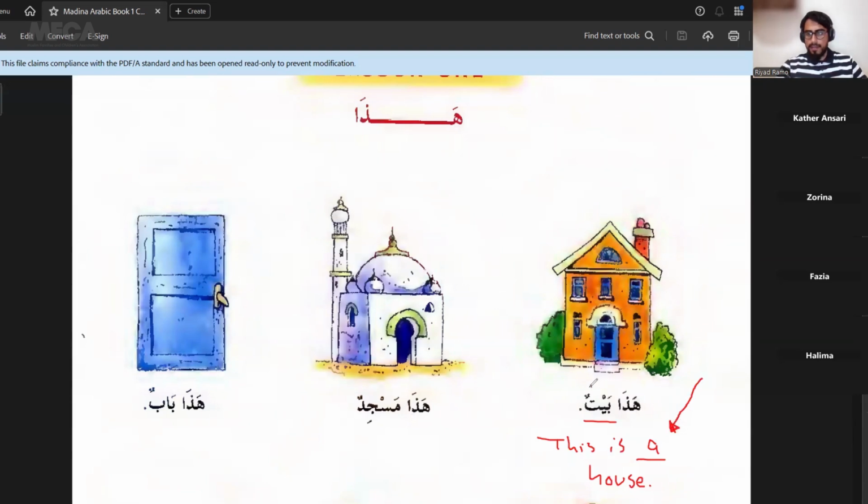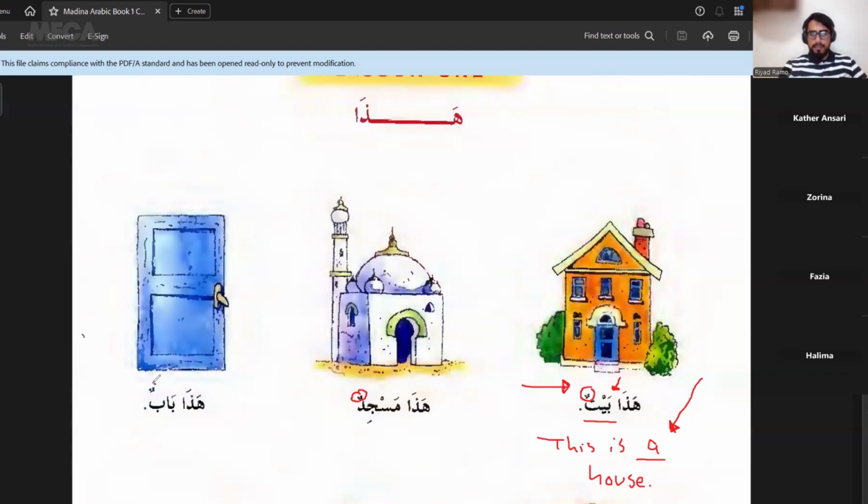A tan, and it has no alif lam. You see here, there's no alif lam. Remember we talked about alif lam? There's no alif lam. This is a house. So whenever there's no alif lam, there's dammatain, un. Hada masjidun. This is a masjid.